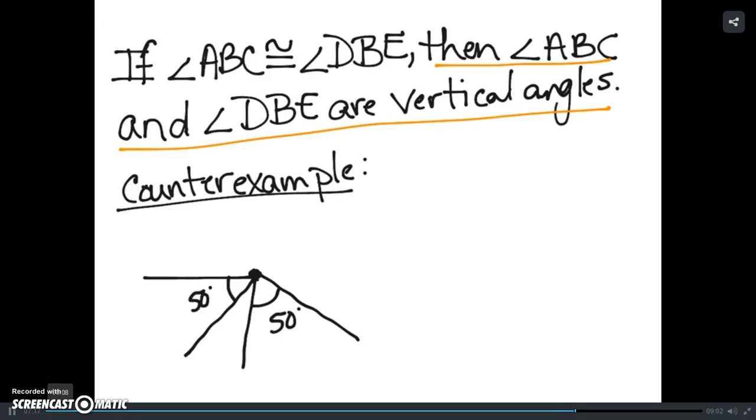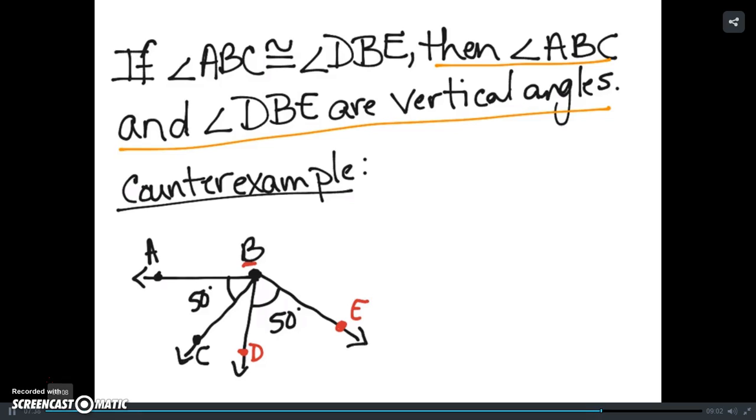Now let me see if my names can fit in there. So if this was angle ABC, okay, I'm going to switch colors just so you can see it, and this is angle DBE, I want to see if I have proven this statement up here false.